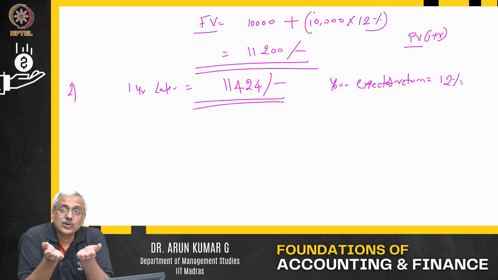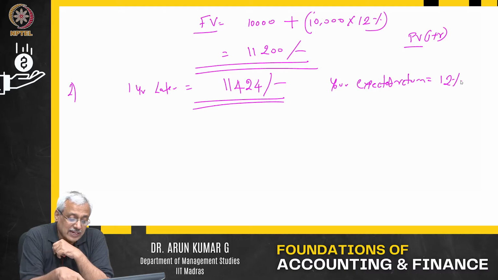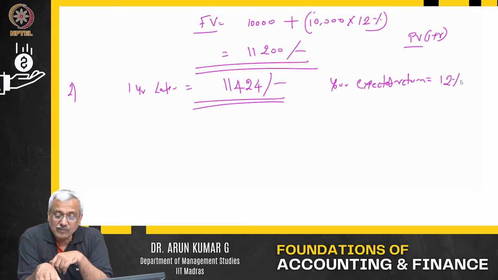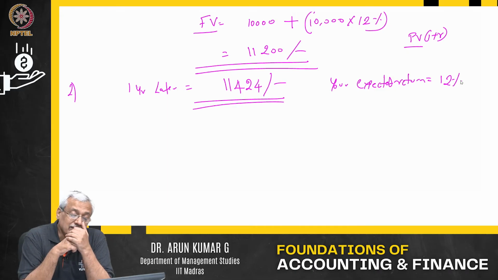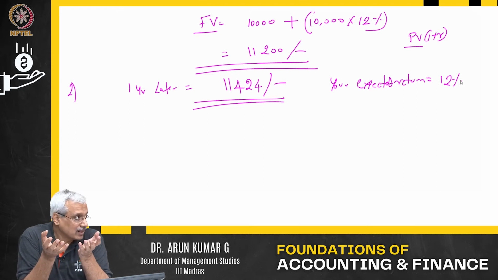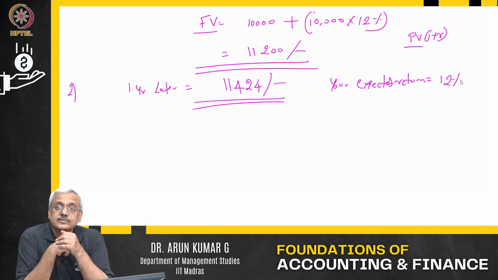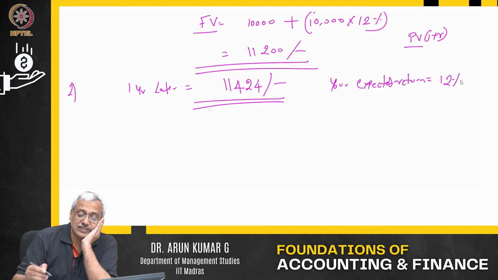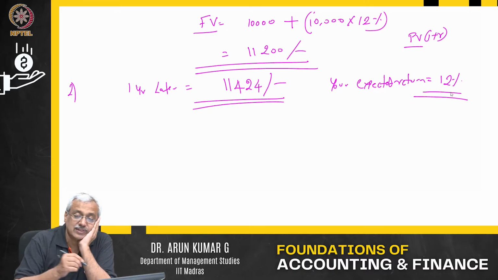Now, the difference between what you invest today and the 11,424 you are going to get should be equal to 12%, that is your expected return. So, what is the amount that you would like to invest if you are expecting 12% return?